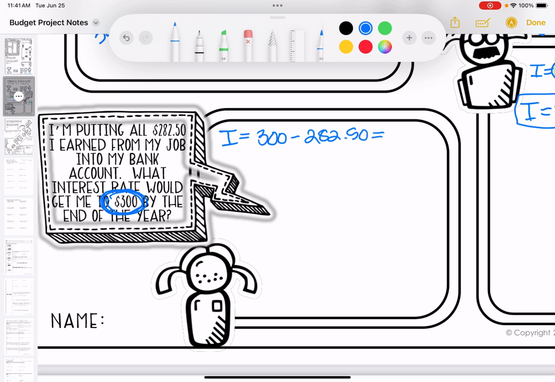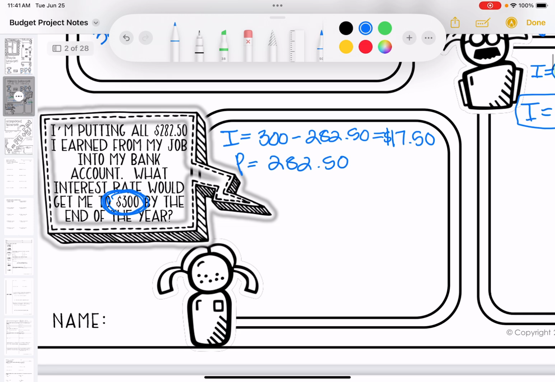And that's going to give me $17.50. All right, P is our initial amount, so that's 282.50. R is our interest rate, which is what we're trying to find, so we don't know what that is. And then time by the end of the year, so that's just 1 year.